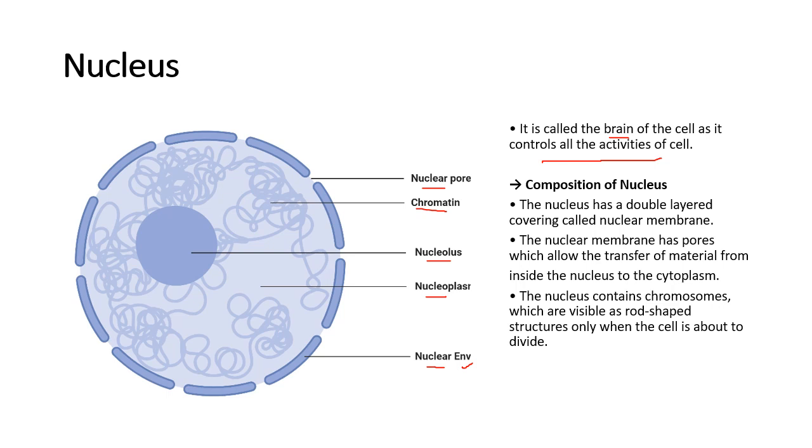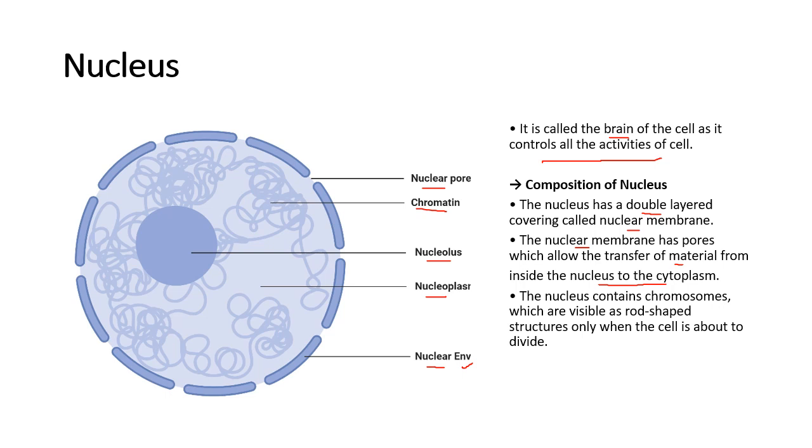Okay, so let us see the composition of the nucleus. The nucleus has a double layered covering called the nuclear membrane or nuclear envelope. The nuclear membrane has pores which allow the transfer of material from inside the nucleus to the cytoplasm. Very important.